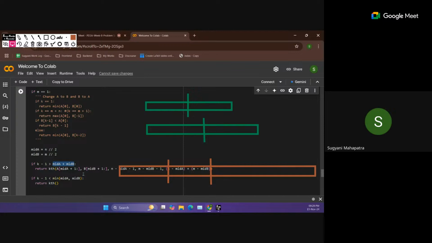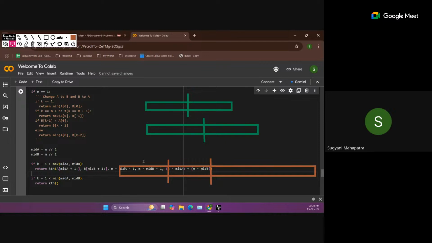Actually, why mid of A plus mid of B also works, I will tell you that. You can actually look into max of mid of A and mid of B. So now why did mid of A plus mid of B work? Because notice that we have mid of A elements here and mid of B elements here, right?